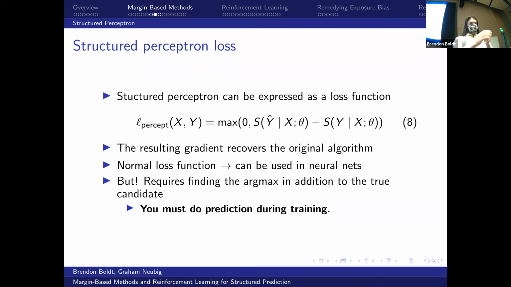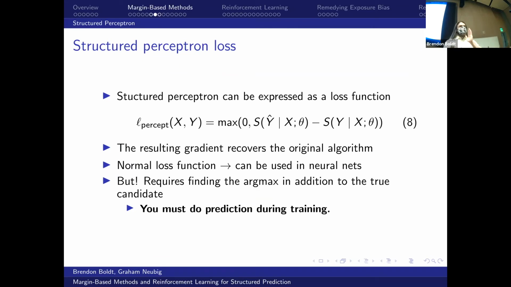What you take away here is that in our loss, we're considering these two examples, the correct label, y, and the argmax predicted label, the y hat. This is just the normal loss function. It's differentiable, and so you can use this in your neural networks.